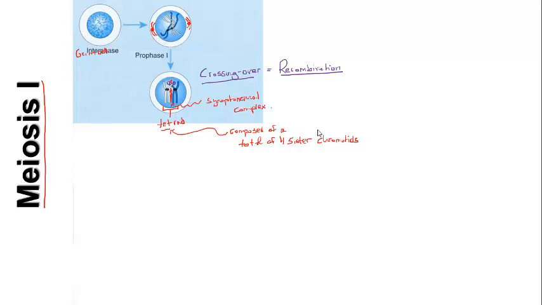So I want you to look at your textbook for the rationale of crossing over recombination. How does changing the alleles within the sister chromatids better serve offspring? What's the reason that we're doing this? This is obviously some pretty complex cellular mechanics, and it just didn't come out of the blue for no reason.